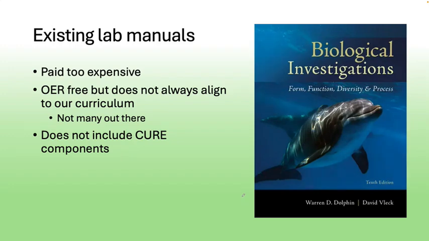The content itself was very heavy, and we didn't actually go through many of the experiments that were in this lab manual, so students often complained about that as well. And because of this, we searched some OER lab manuals out there, but they did not quite align with the curriculum of our lecture course.